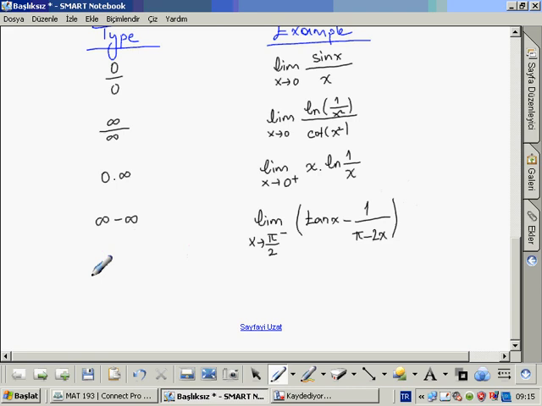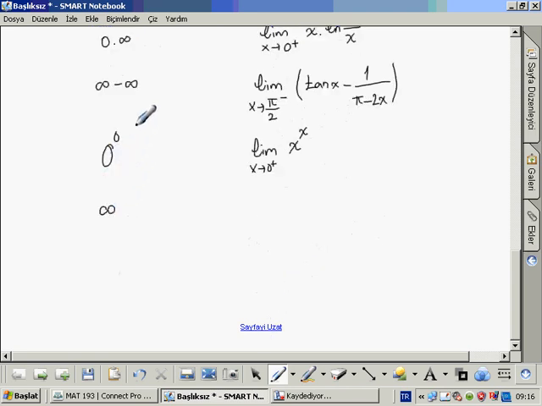And also 0 to the power of 0, and the example for this indeterminate form is the limit as x approaches 0 from the right hand side of x to the power of x.